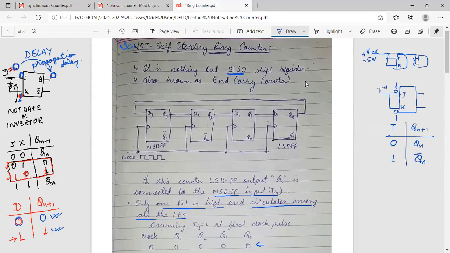Now I will give you a problem regarding the counter. Are you able to see the whiteboard?